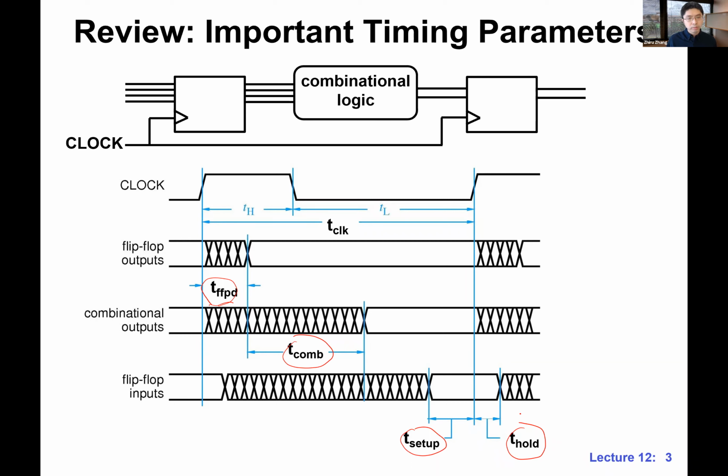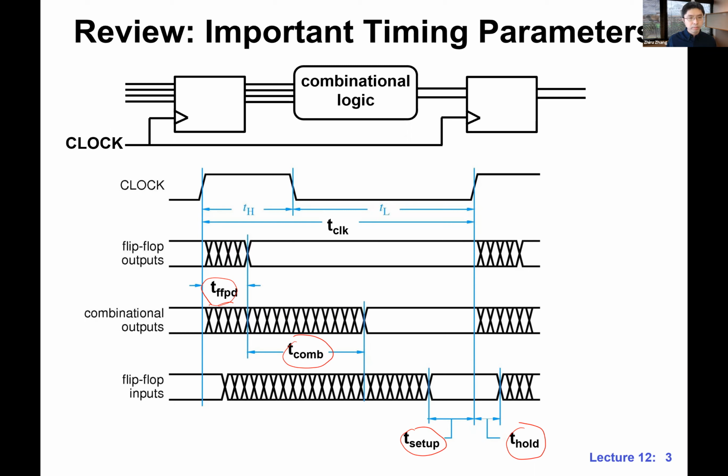But first, let me clarify one thing. Last time, there were a couple of very good questions asking what exactly these crosses are. First, we have these hexagons, which indicate some value, either 0 or 1. Last time I did mention that if you look at these crosses, this one basically means the signal is sort of propagating.